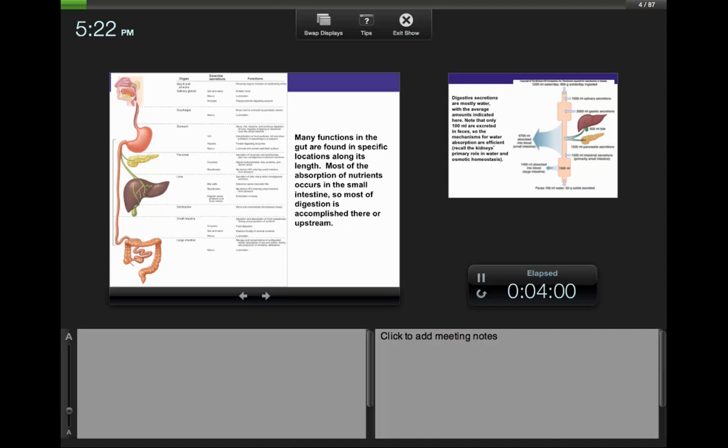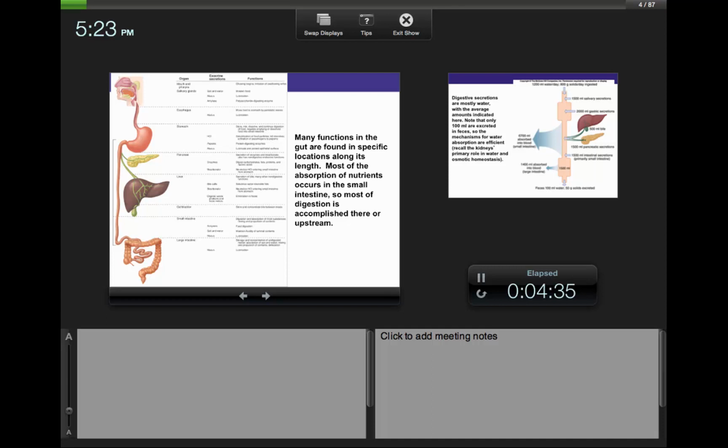The motility in the small intestines is segmentation, peristalsis, and then what's called MMCs, or migrating myoelectric complex. In the large intestines, we talked about haustration, and we talked about mass movements.